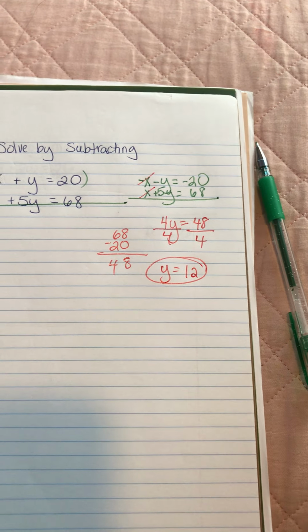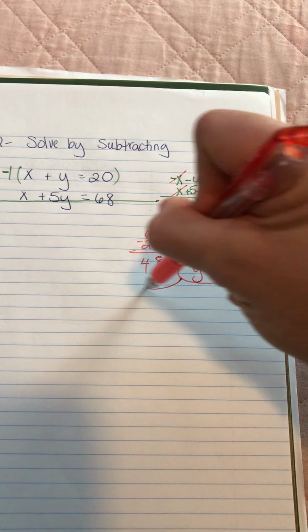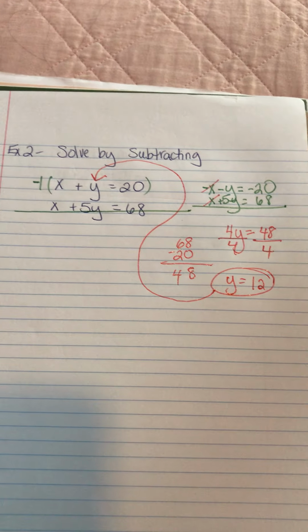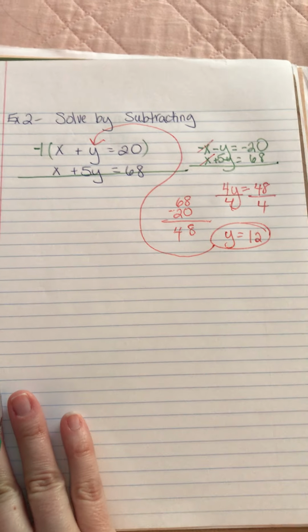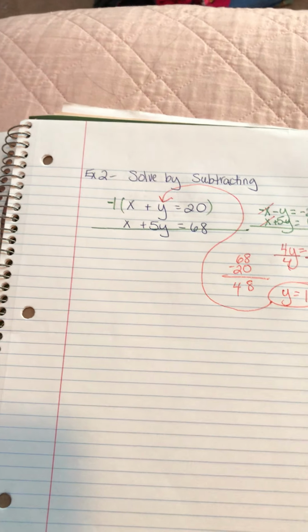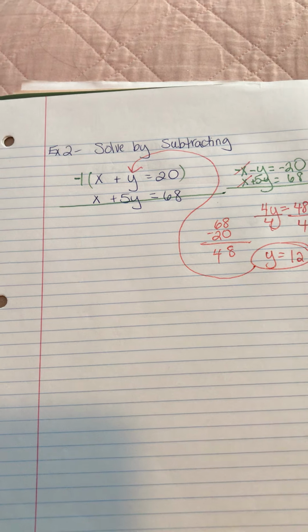Okay, now we need to plug this in, and I'm going to plug it into the top one because then there's less to work with there, okay? And I can do it before we changed it to the negatives, because remember, those are equivalent. Okay?